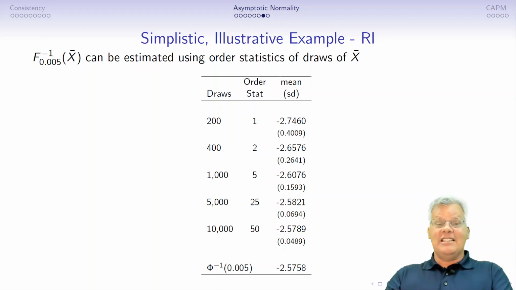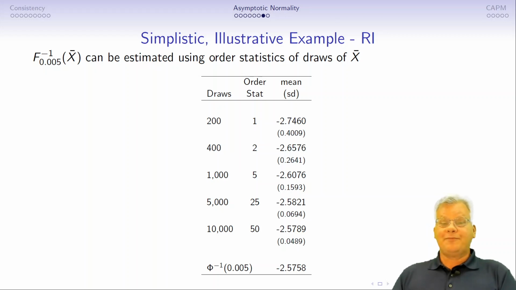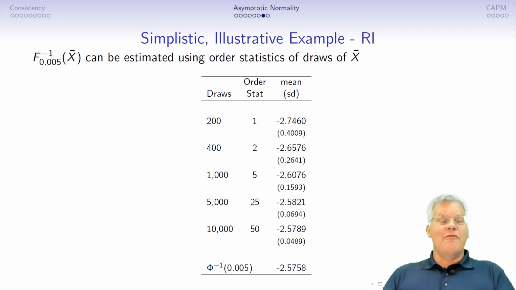Now, if I take instead 400 draws and look at the second order statistic, so not the smallest one, but the next smallest one, the bias goes down. The bias is actually cut in half, and the standard deviation almost in half. So as I have more and more draws, the accuracy of this method increases.